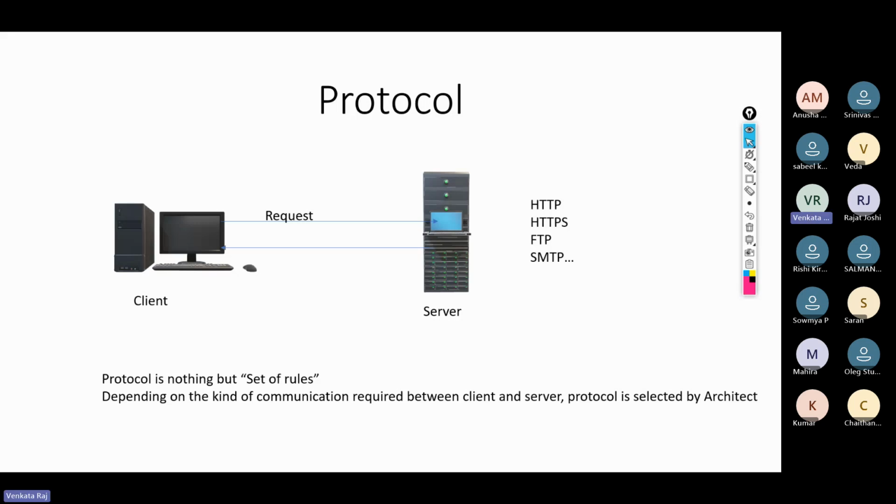Like that there are many protocols based on what type of data is being exchanged. The protocols will be defined by the project architect, who decides what kind of protocol should be used for communication between different components in your project architecture. Okay, so hope everyone is clear.